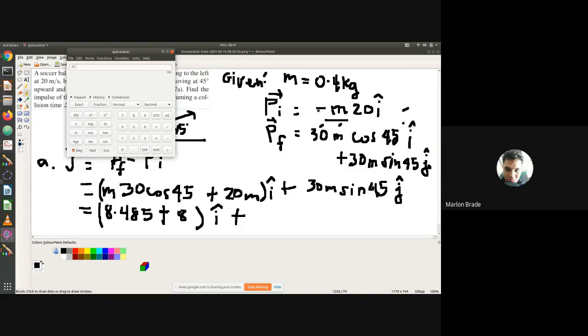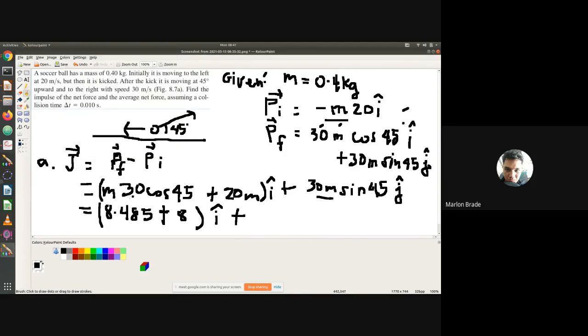So, PF minus PI, negative, may mo siya plus. Okay, so ang isa na to, of course, no? Kini pud siya, 30m sine 45 is also just equal to 30m cosine 45 because cosine 45 degrees is just equal to sine 45 degrees. So, which means that this is just equals to 8.485 and the direction is j hat.